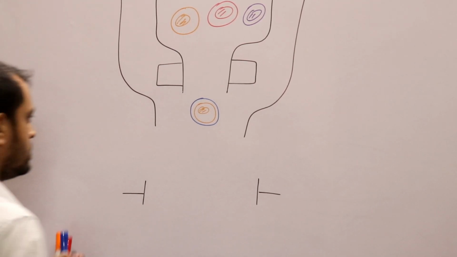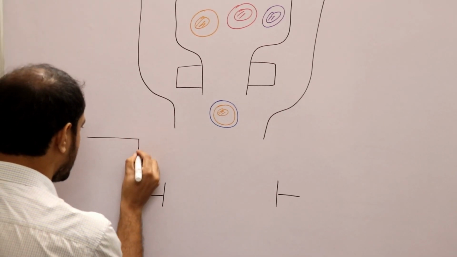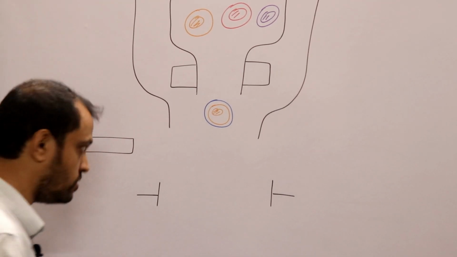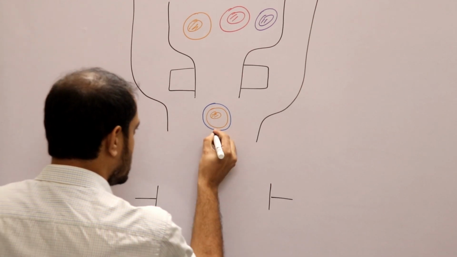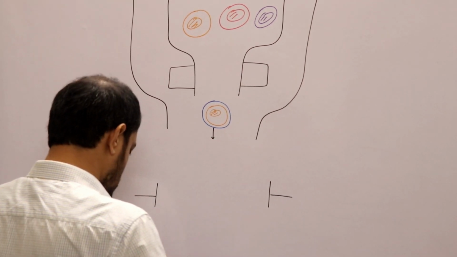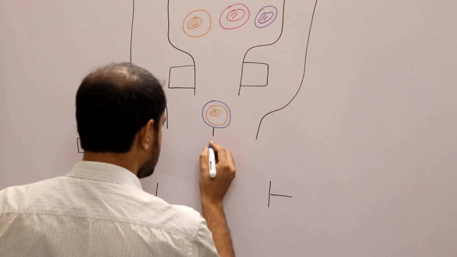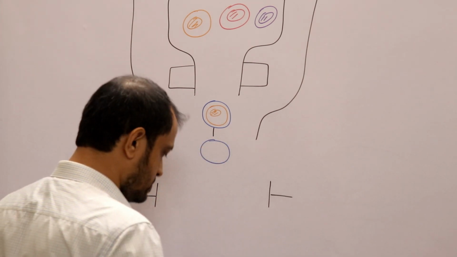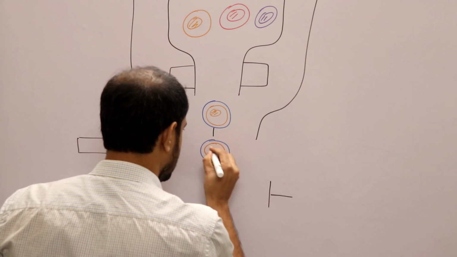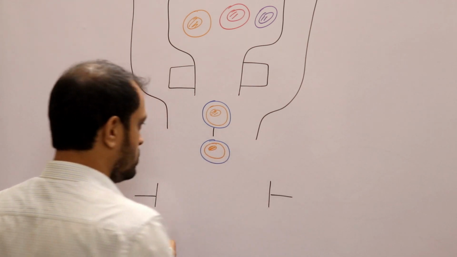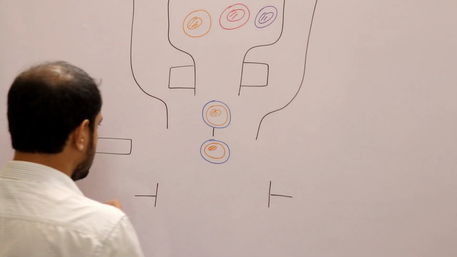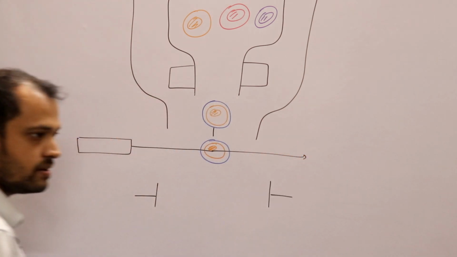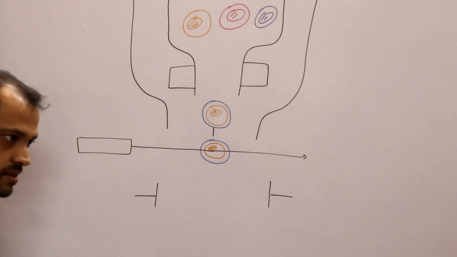Listen, here is your optic system, side scattered channel, forward scattered channel, all these things. Now suppose this is coming here. This is the droplet, and inside the droplet is a yellow colored cell. A laser is interacting with the cell.